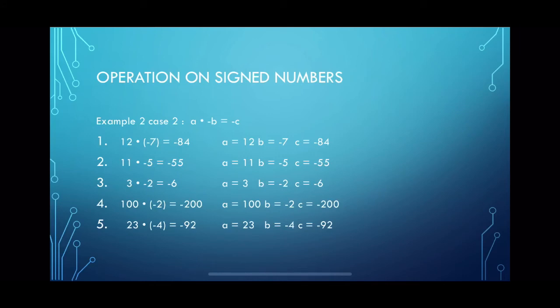For number 5, we have 23 multiplied by negative 4 is equal to negative 92, or can also be read as 23 times negative 4 is equal to negative 92. For A is equal to 23, B is equal to negative 4, and C is equal to negative 92.